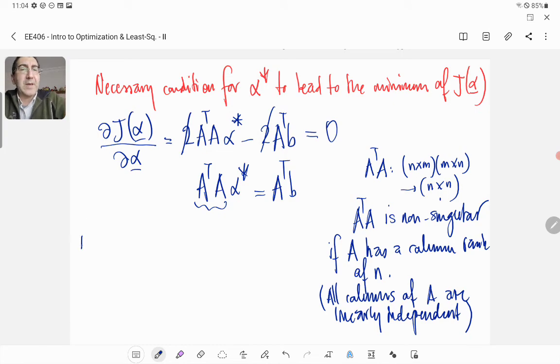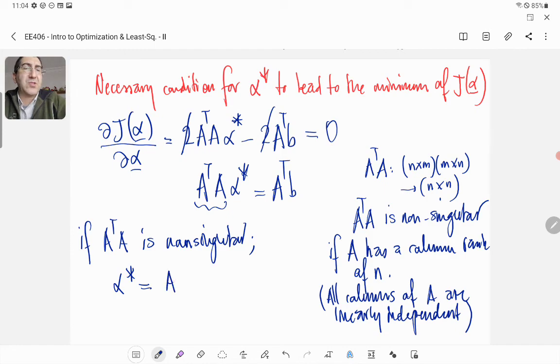Okay, if A transpose A is non-singular, we have alpha star being equal to A transpose A inverse, because we take the inverse of A transpose A, multiply from both sides with the inverse. On the left hand side you have the identity matrix which we can eliminate, and then on the right hand side you have this as a remaining.